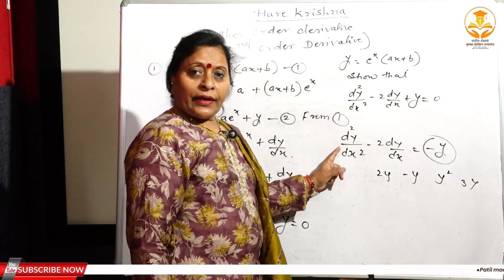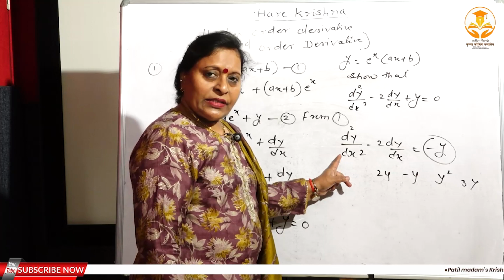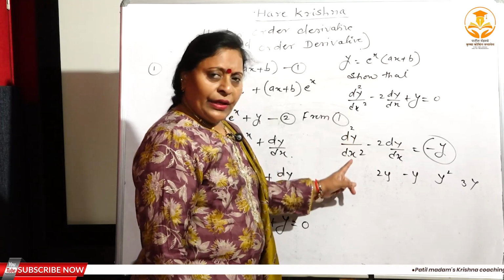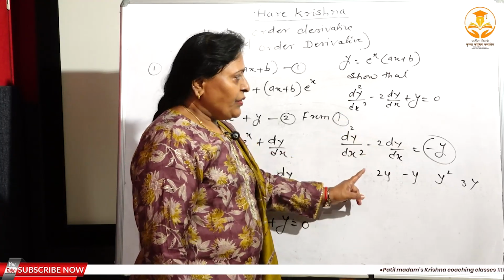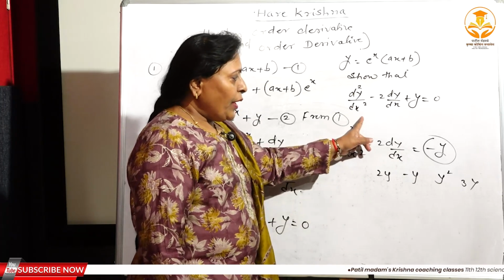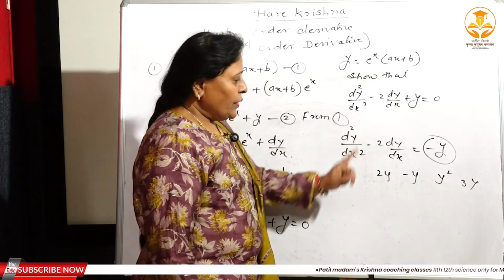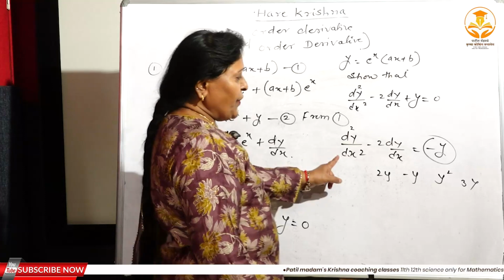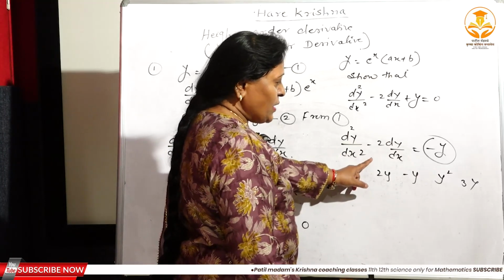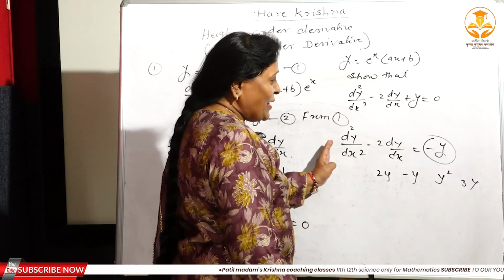So this is again helpful for the CAT, the JEE, anything. This is the second order derivative, which is very very important, and for the board also it is very very important. So in this way the MCQ question is like this. This part they have given.